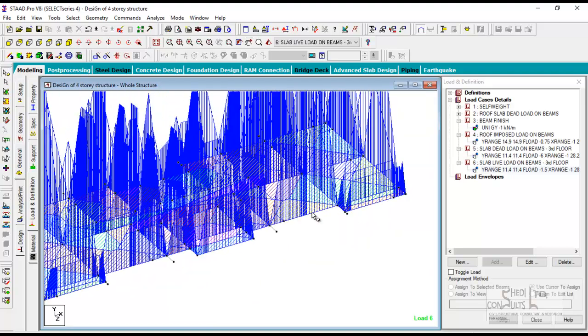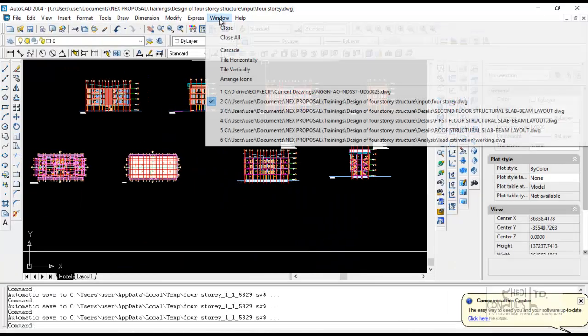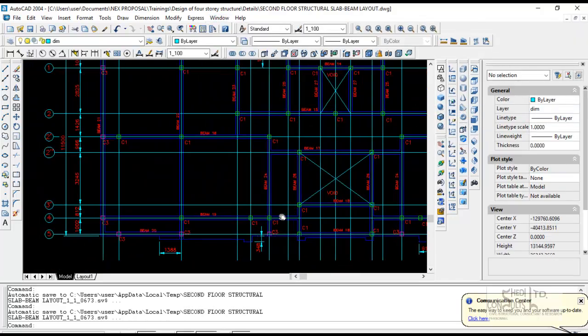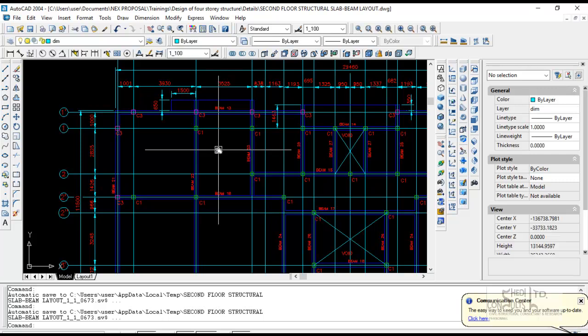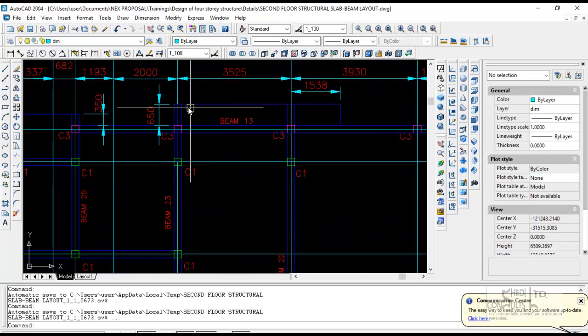Now, there's something I need to mention here which we need to pay attention to and note in structural engineering analysis. If you look at the third floor structural layout, you would see that in addition to the loads transferred from the slab to the beam, you also have load from these small cantilevers.